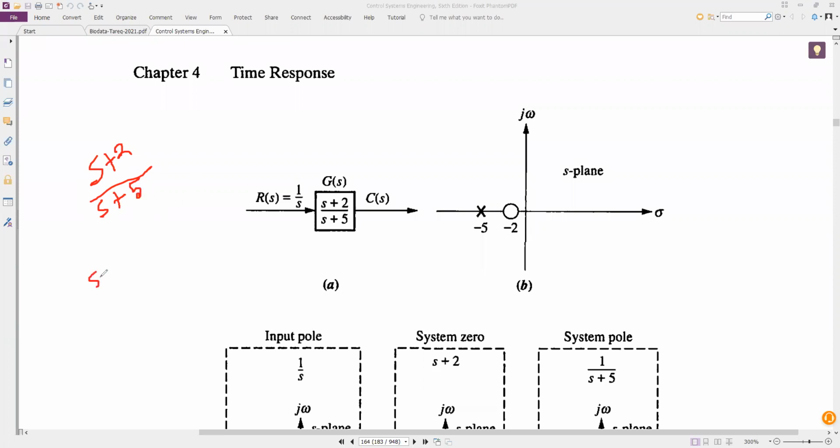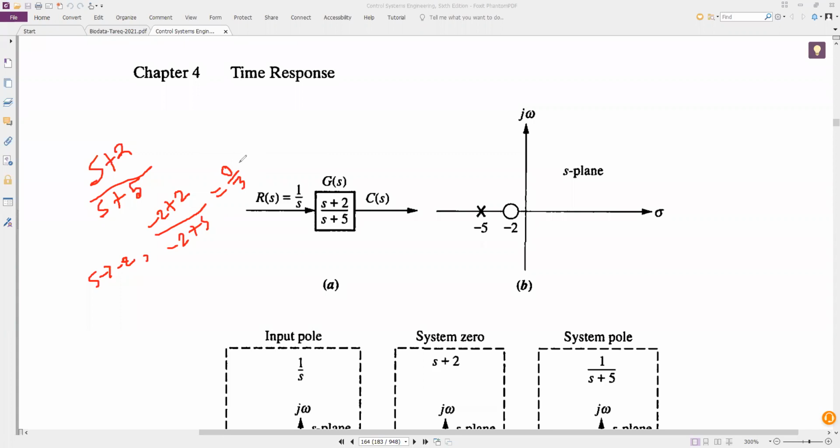If you put s equal to minus 2, then it would become minus 2 plus 2 divided by minus 2 plus 5, so it would be 0 divided by 3.